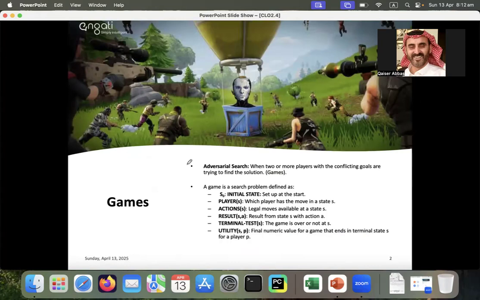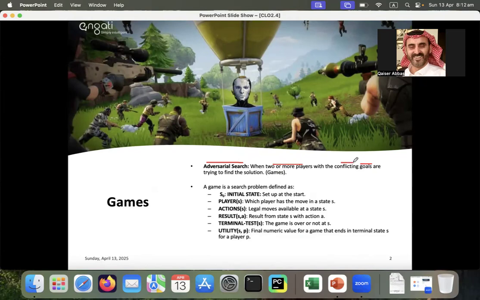As I told you, adversarial search is about games, but what is adversarial search? This is a kind of definition for it: when you have two or more players competing with each other, and their goal is the same, and the goals are in conflict.